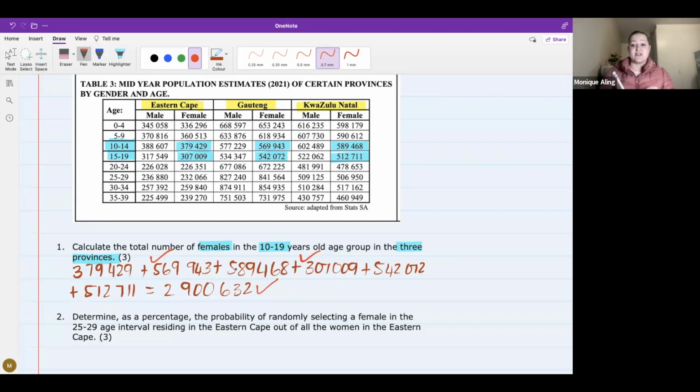We know that we need to make a fraction because we want a percentage. Remember, to work out a percentage, we take what we're looking for over the total times by 100. So we are looking specifically at females that are between 25 and 29 in the Eastern Cape.